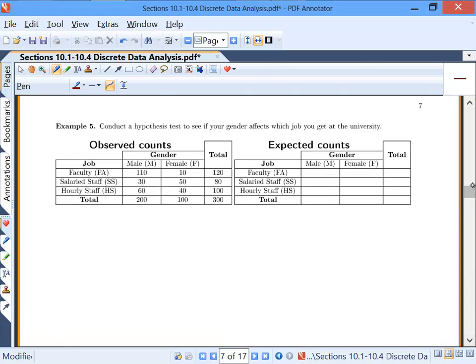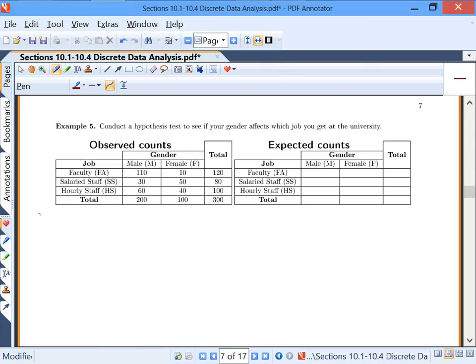So let's conduct a hypothesis test to see if your gender affects which job you get at the university. Okay. So notice I have a table for your observed counts and I have a table for your expected counts. So observed counts is just what we already started with. And we want to find the expected counts. So for male and faculty, remember it's just your row total times your column total divided by your grand total.